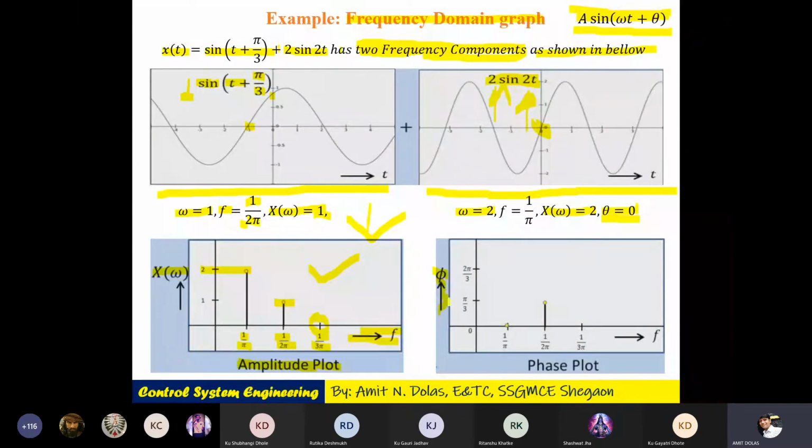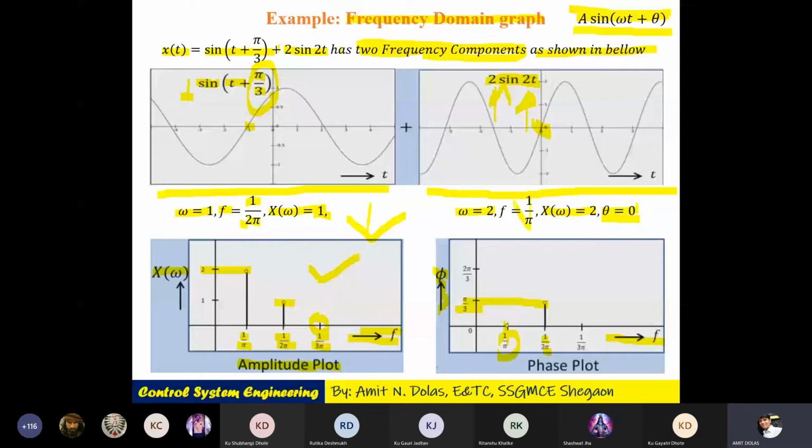On the y-axis it is phase, and on the x-axis it is frequency. So you can see at 1 by 2 pi, there is a phase shift of pi by 3, which is shown here. Only the pi by 3 phase shift is available here. So if you put this value into the equation, you will get this graph. Again at 1 by pi, there is no phase shift.